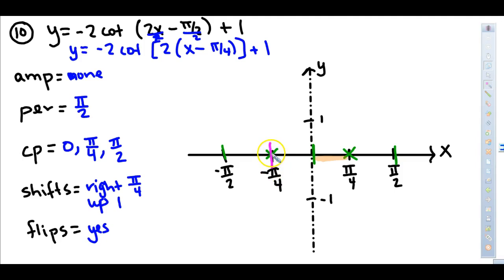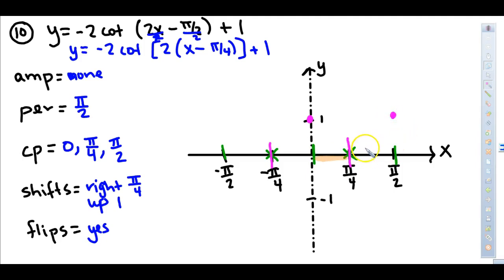This point is going to go to the right 1 because that's the length of pi over 4, and then up 1. This one to the right 1, this one to the right 1. When I say right 1, I mean pi over 4 units, then up 1.